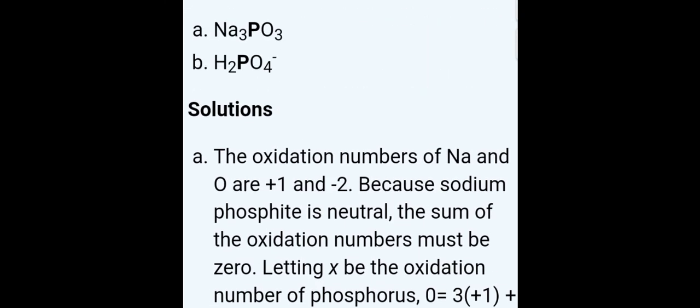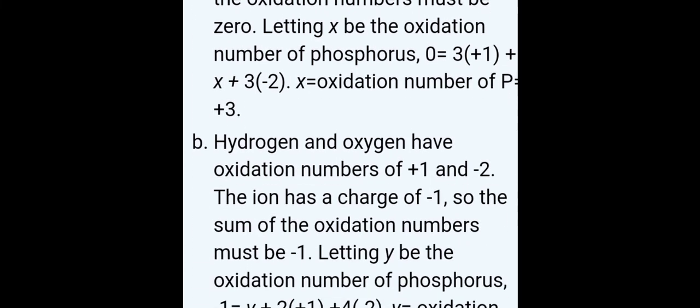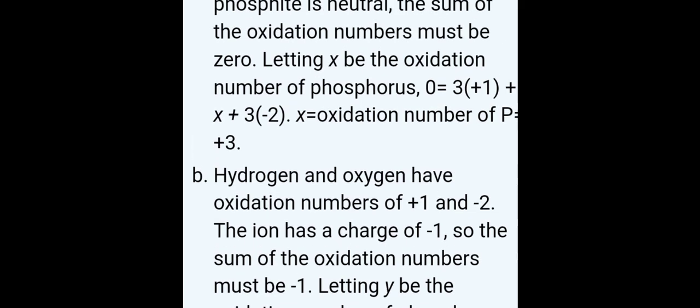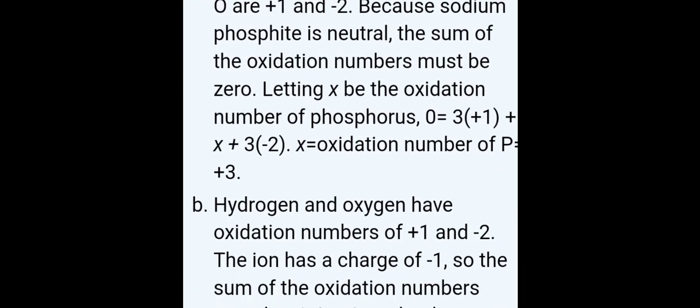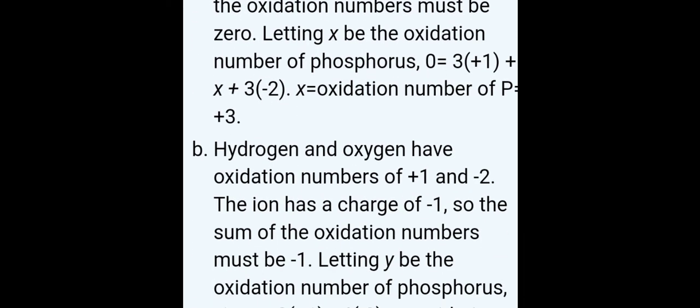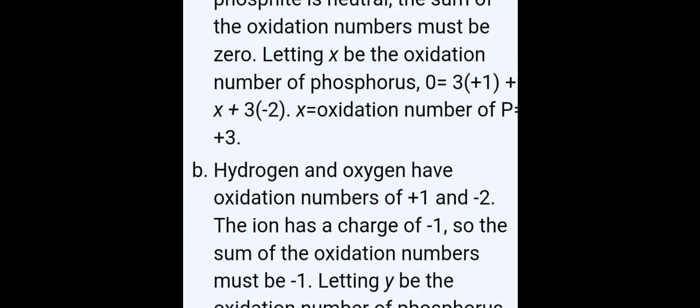For the second, H2PO4-1. The whole species has -1 charge. Hydrogen and oxygen have oxidation numbers of +1 and -2 respectively. The species has a charge of -1, so the sum of the oxidation states must be -1.